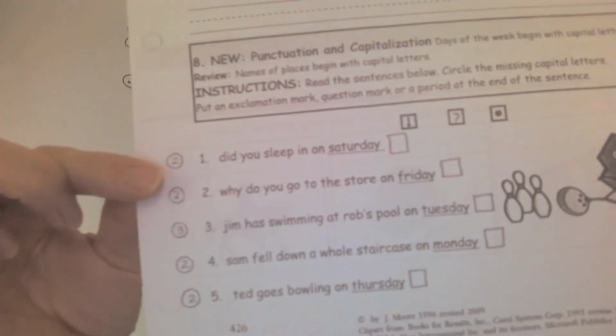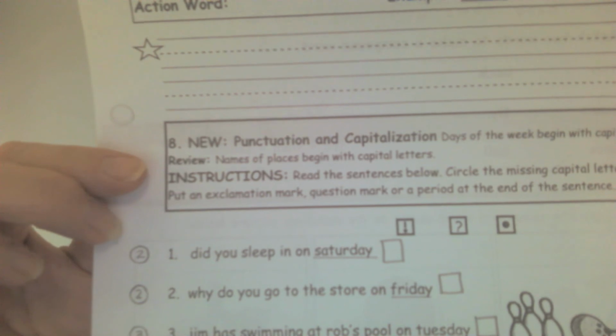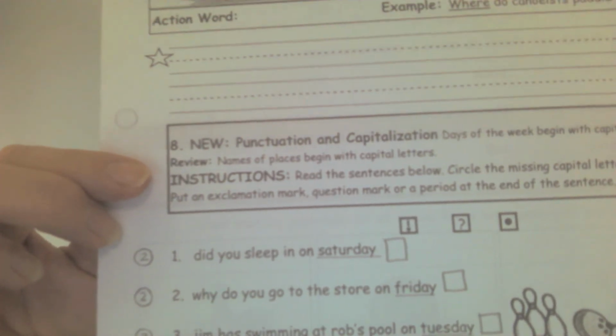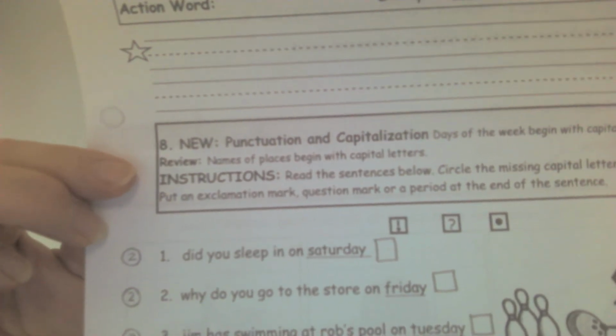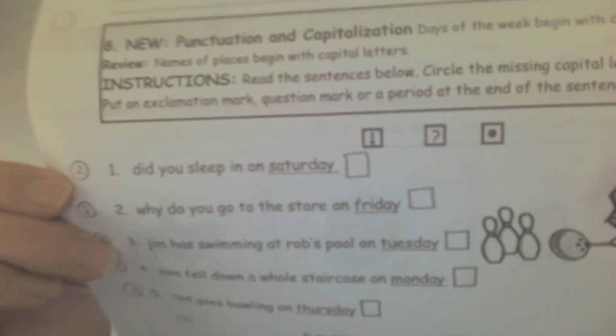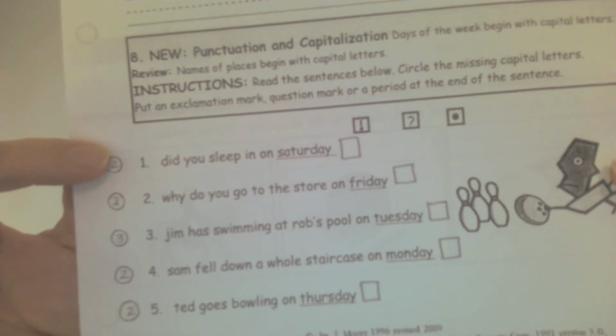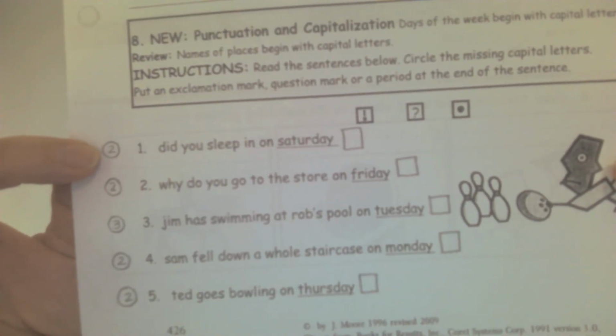Okay, so on your seat work today, on the back, there's where it says new, days of the week get capitals. And then review, names of places also begin with capital letters. So you're going to want to read these sentences carefully, and you'll see that at the beginning of the sentence I put a number. See how that has a 2 with a circle around it?